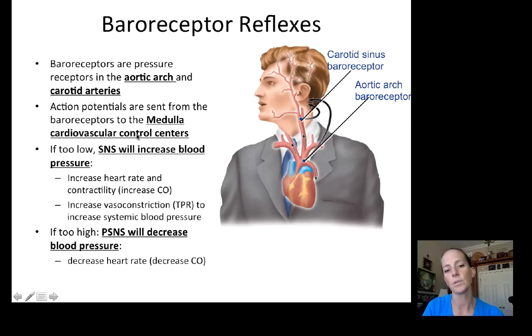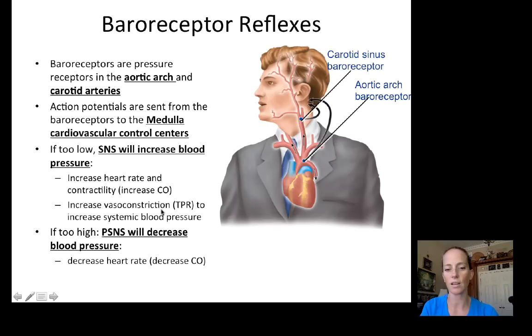Those control centers will turn on and stimulate the sympathetic nervous system. If blood pressure is too low, the sympathetic nervous system will then increase heart rate and contractility. That will increase cardiac output. The sympathetic nervous system will also increase vasoconstriction, or total peripheral resistance, in the whole system.